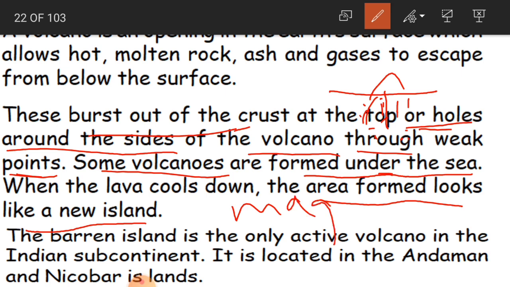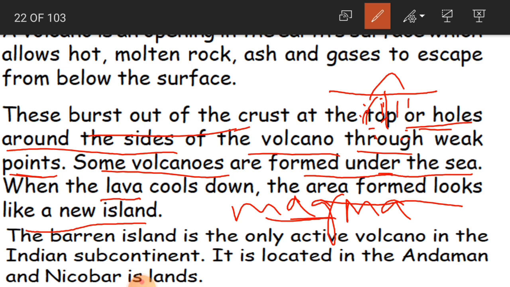So when this melted material is inside the crust, then we call it magma. Inside the crust, in the sense under the earth, in the layers, we call it magma.